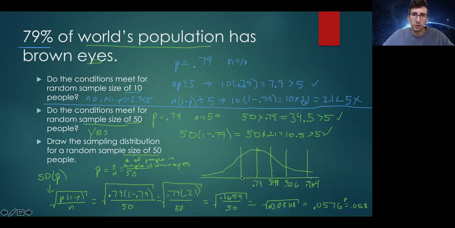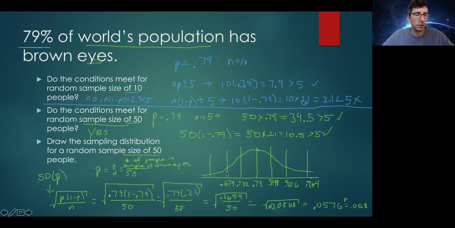Now, if we go down 1 standard deviation, we'll take our 0.79, subtract the 0.058, and we'll get 0.732. Subtract another 0.058, we'll get 0.674.